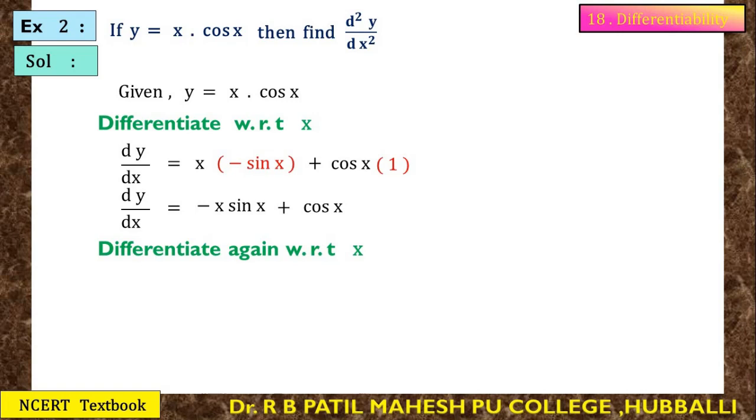So on the left side, for dy by dx we have d square y by dx square is equal to, now I use the product rule to write the derivative of this minus x into sin x. Otherwise you can keep the negative common and only use the product rule on x sin x. So minus x as it is, sin x derivative is cos x, plus sin x as it is.